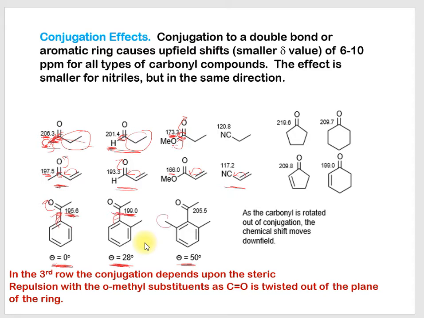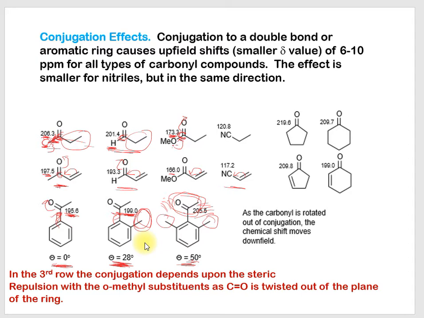Here with more substituents, you have only one substituent, so the planarity is still there. It has been disturbed to some extent, but here with the two substituents at the ortho positions, the steric crowding is more. That means this carbonyl group has been twisted out of the plane by 50 degrees, which means more distortion in the planarity.